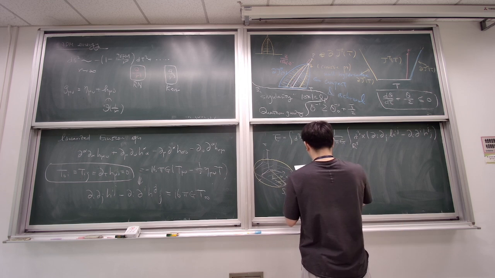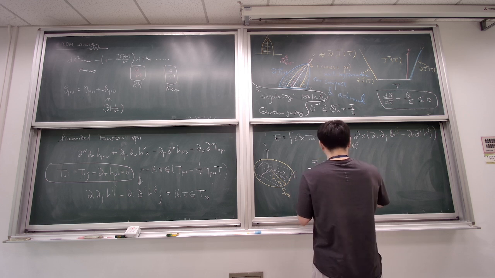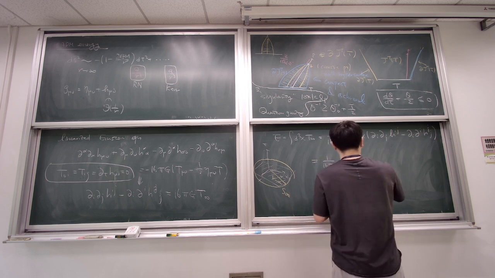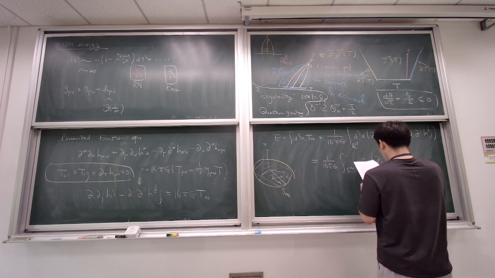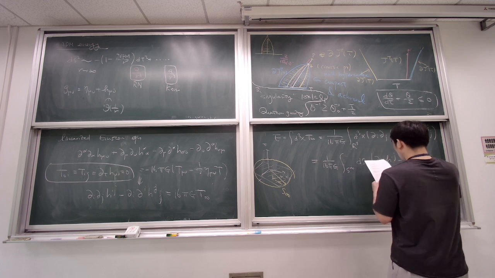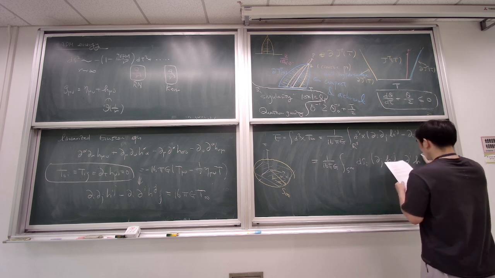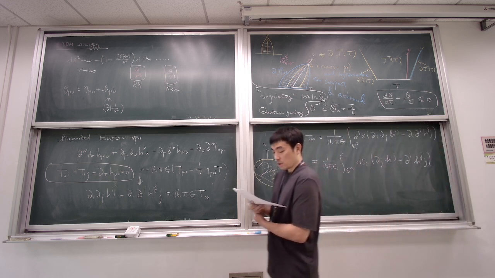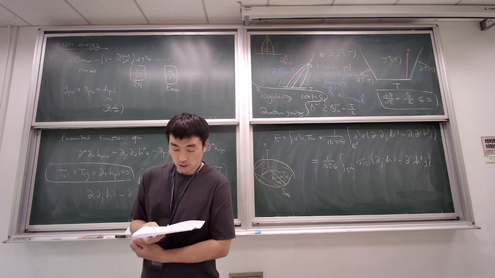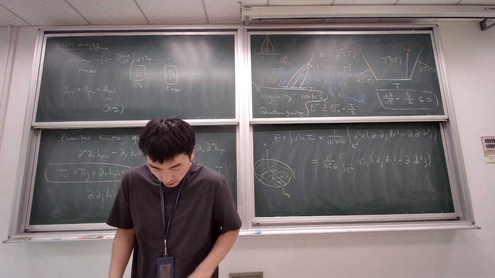This is equal to 1 over 16 pi G times the integral over S infinity of dS i, of del j h ij minus del i h jj. So that's the energy.